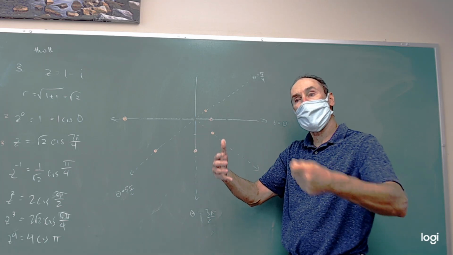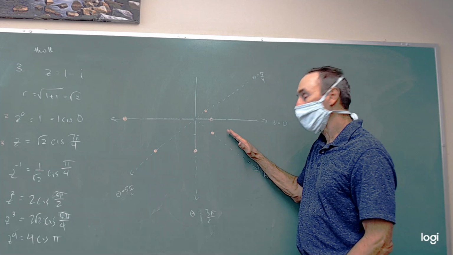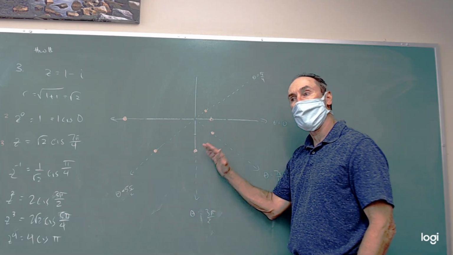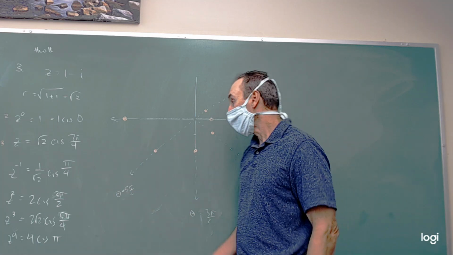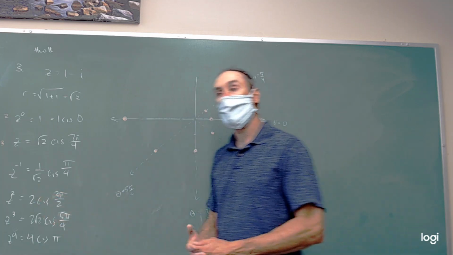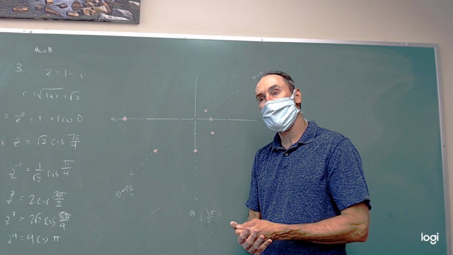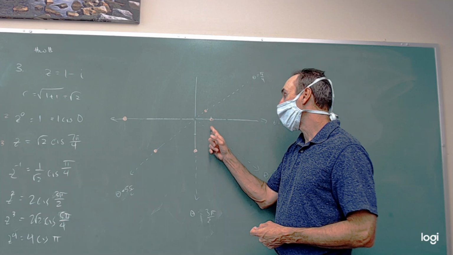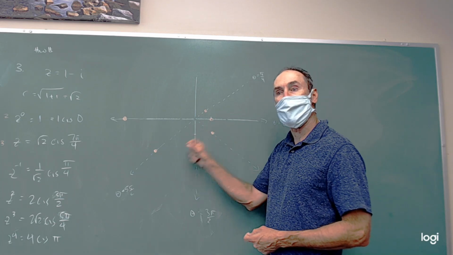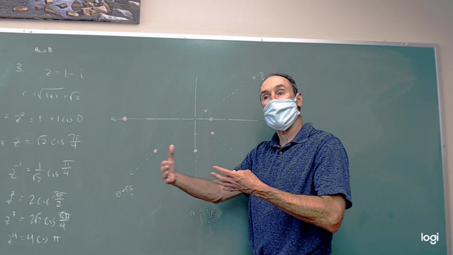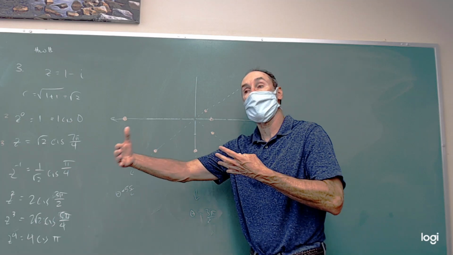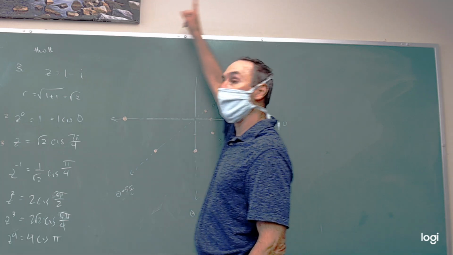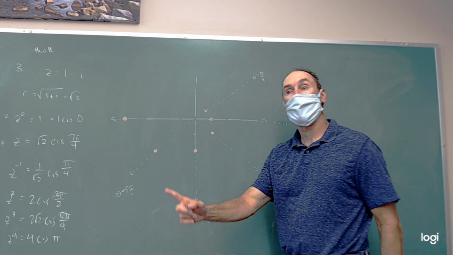Each time we multiply by another z, we add another angle of negative pi over 4. So they're going to be spaced evenly. And the r is going to get multiplied by another value of r each time. So in this case, each time we multiply our distance by square root of 2, which is a little bigger than 1, so it's going to get a little bigger each time. And so it lies on this big spiral that's going to keep getting bigger and bigger.